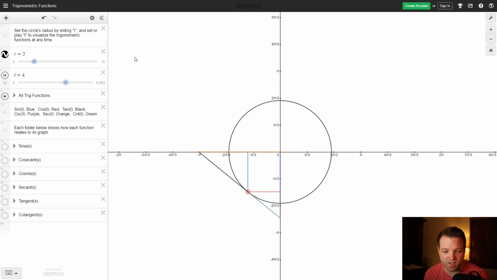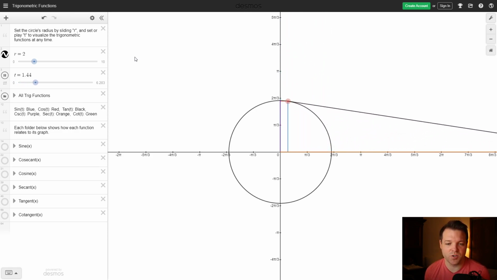The cosecant is that purple one, very difficult to see, but that's the vertical one. How is that changing as we go around? How are the sine and the cosine changing as we go around? And the tangent and the cotangent? So there you go. Those are what the actual values of these 6 trig functions are measuring. That's what they actually mean.